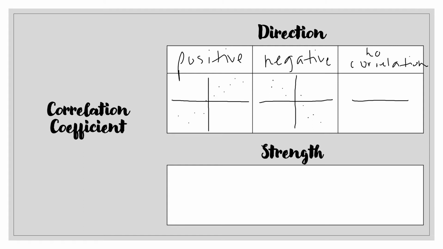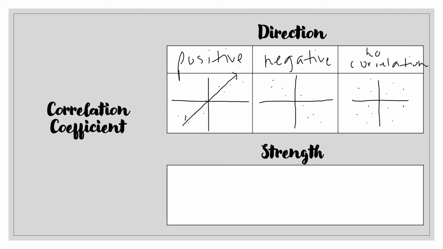So no correlation would be if my points are all over the place and there's no relationship between the two variables whatsoever. Okay, so strength now is if I were to draw a line of best fit on this positive graph right here, it would maybe look like this.